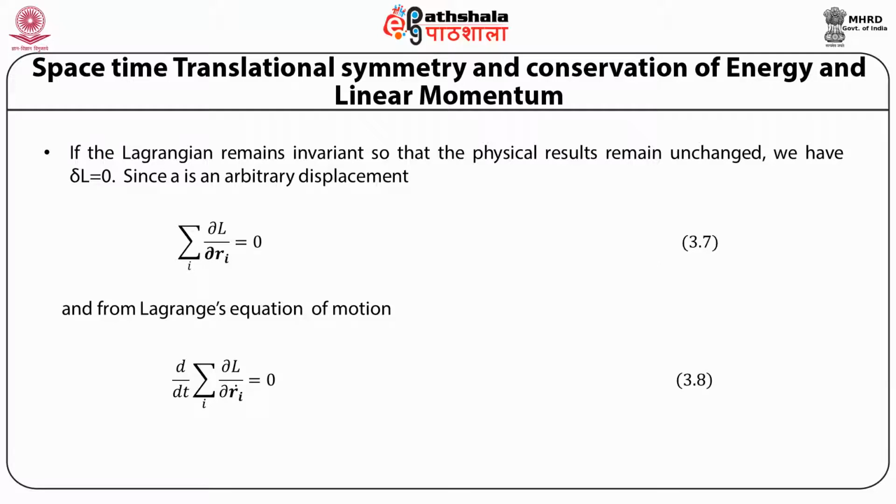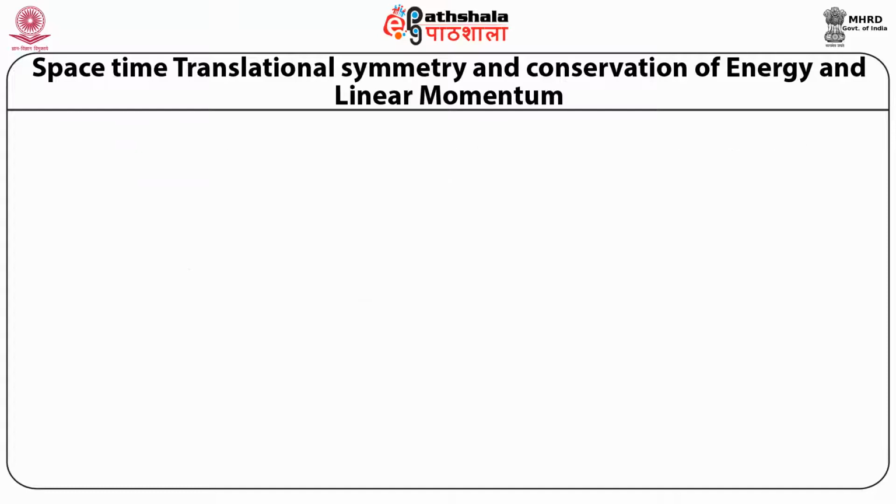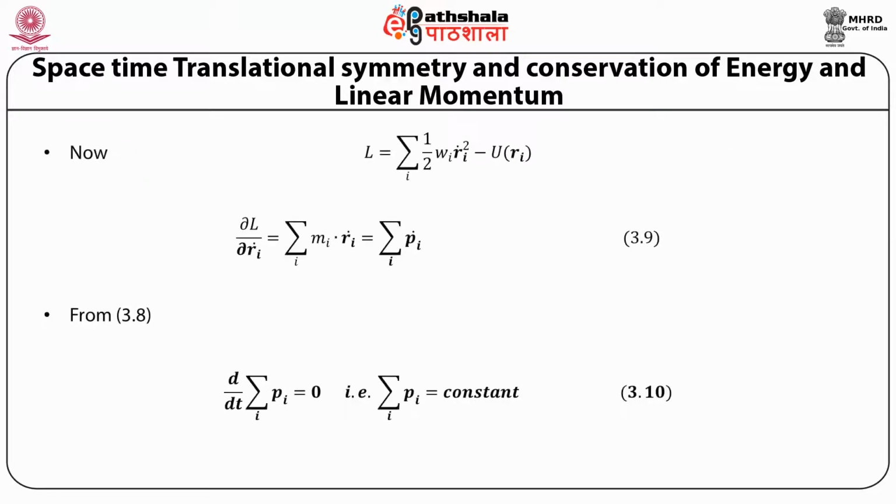For a particle moving in a conservative force field, the Lagrangian is given by half mi Ri dot squared summed over i minus the potential energy, which is a function of Ri. Therefore, the partial derivative of L with respect to Ri dot is simply equal to mi Ri dot, which is nothing but the sum of the linear momenta Pi's.